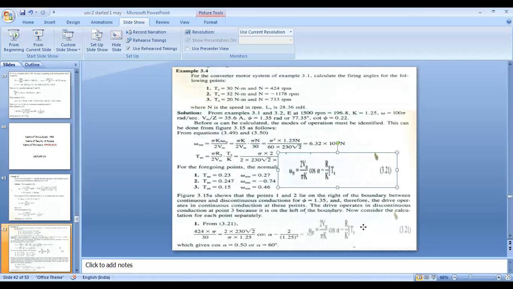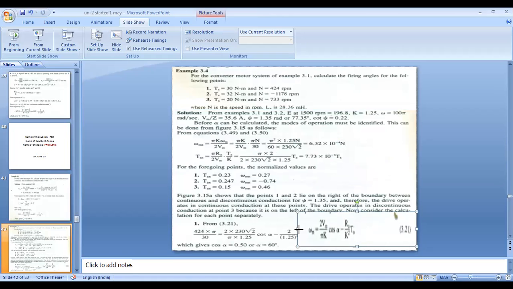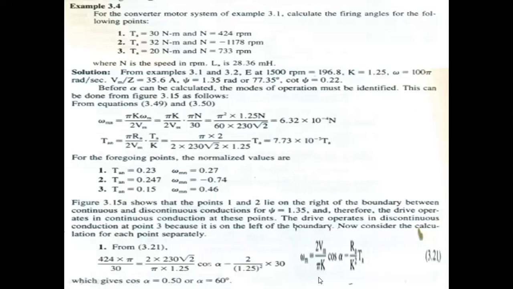So anyway, see here, this is equation 21: omega m is equal to 2 Vm by pi k cos alpha minus RA by k square into TA. Not R2, RA by k square into TA. So if you substitute all the values here in equation 21, only cos alpha will be remaining. From this cos alpha, we have to find the value of alpha, right?